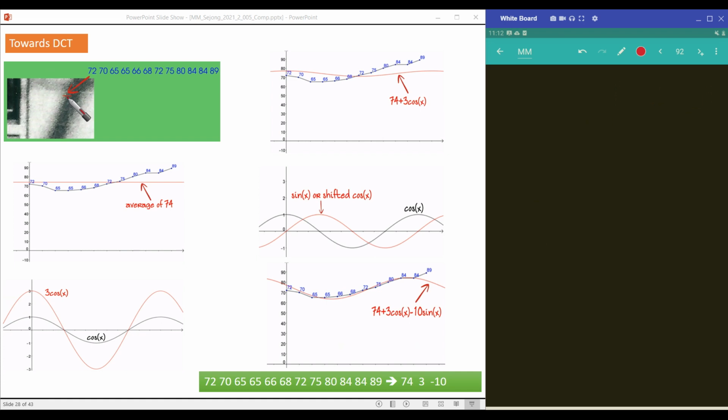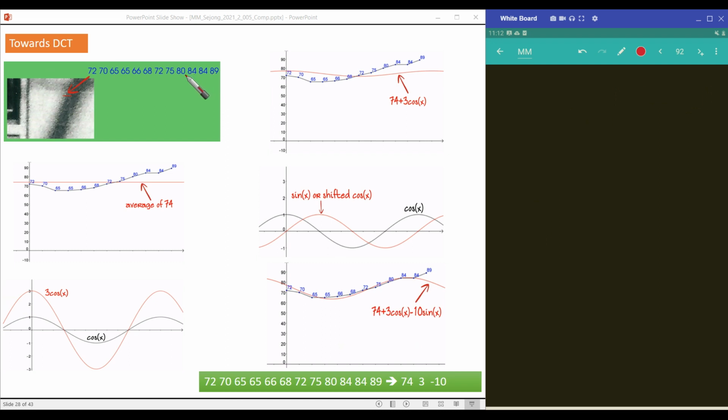Let's say there are so many pixels here. First few pixels are like this: 72, 70, 65, 65, 66, 68, 72, 75, 80, 84, 84, 89. These are our first few pixel values.